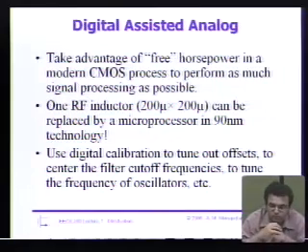If you know anything about pipeline ADCs, there are very strict requirements on the settling time of the pipeline stages and the gain you need, because you need accuracy and good linearity since you're going to use feedback.